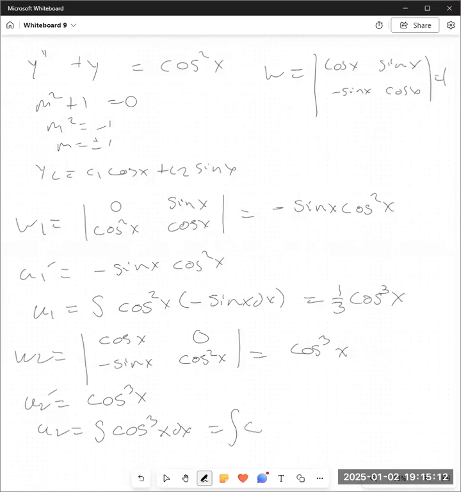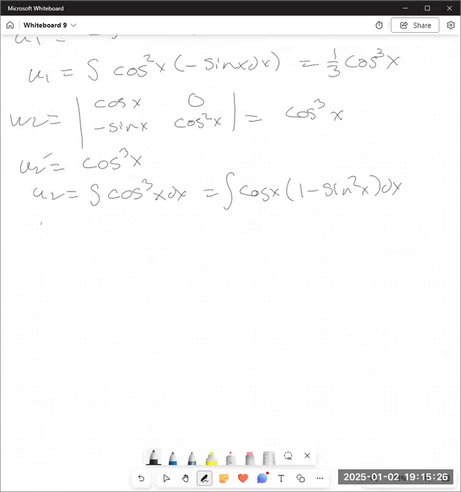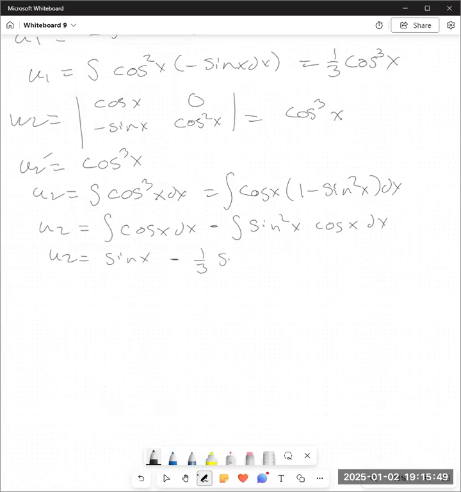I'm going to save a cosine and change the cosine squared to 1 minus sine squared x dx. And U2 is going to be the integral of cosine x dx minus the integral of sine squared x cosine x dx. So U2 is going to be sine x minus 1/3 sine cubed x.